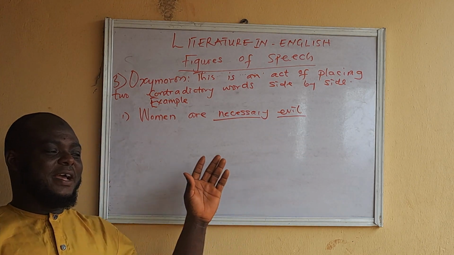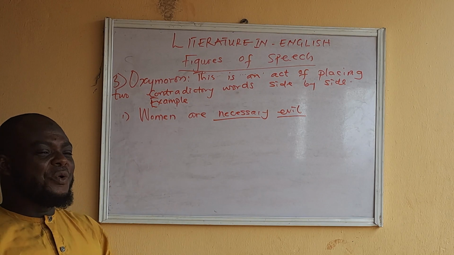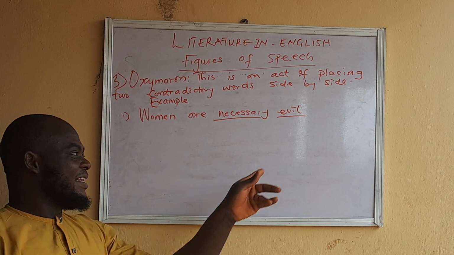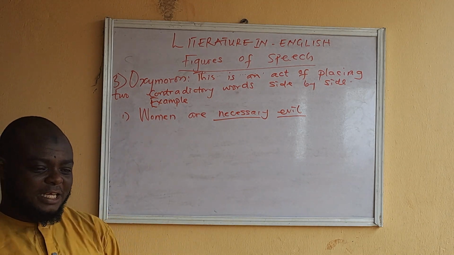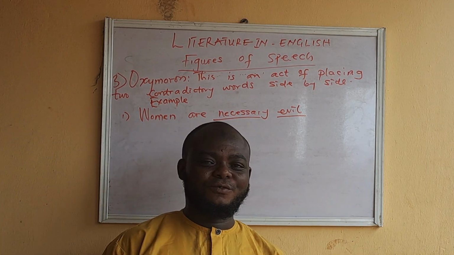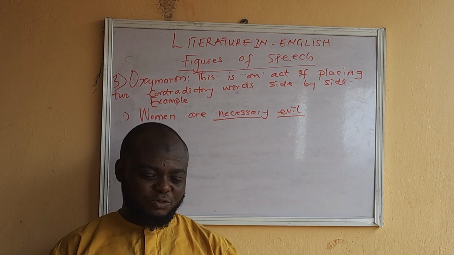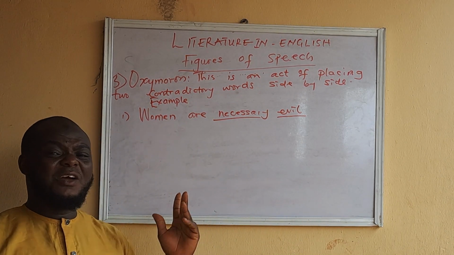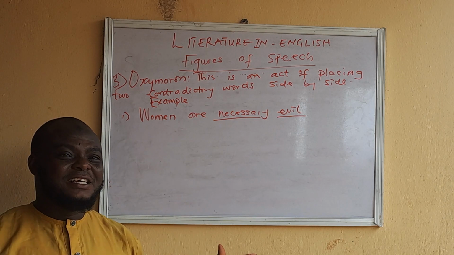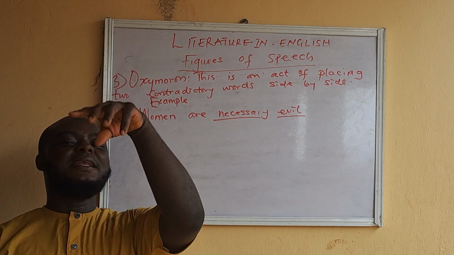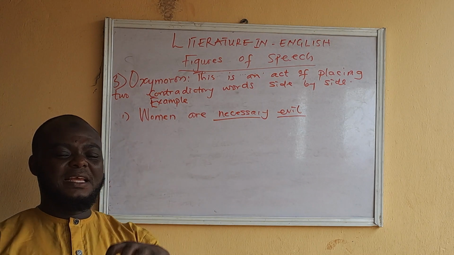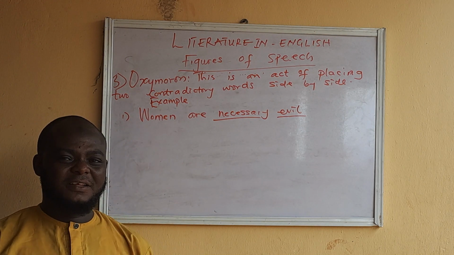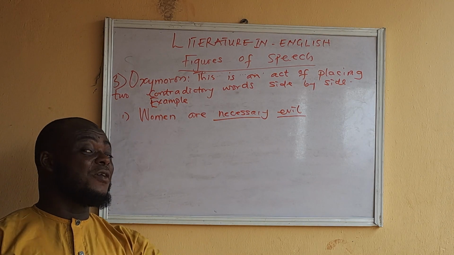Now, let's look at these two words. We are saying women in our society, they are necessary, and at the same time, they are evil. What we call necessary, we also call evil. That is an oxymoron, when we are placing two words that contradict. Now, don't forget, in literary work, we use figures of speech to express deeper meaning, meaning that is beyond surface meaning.